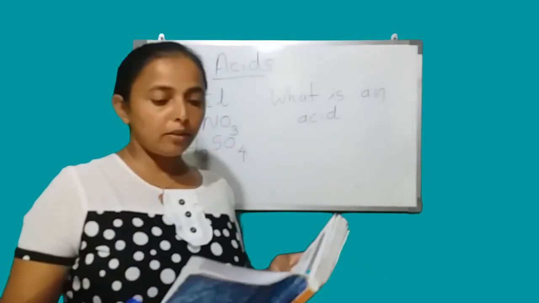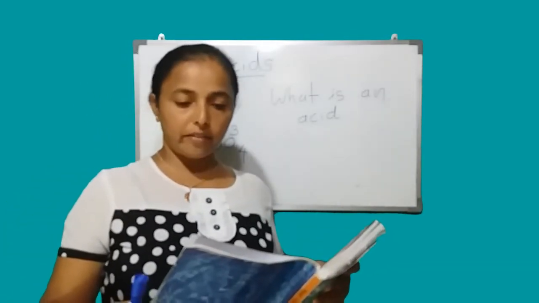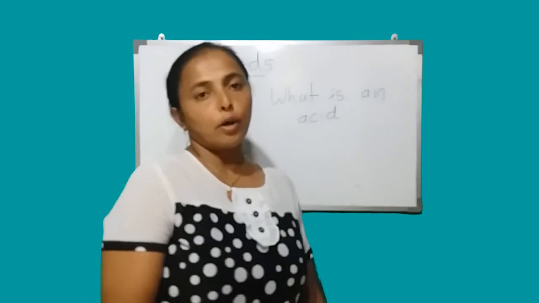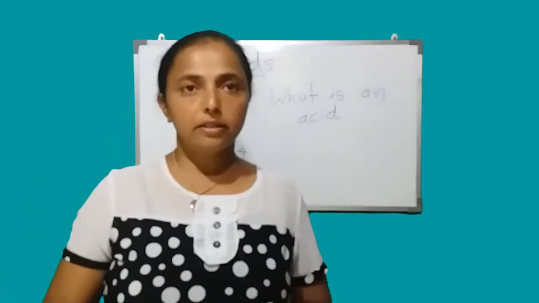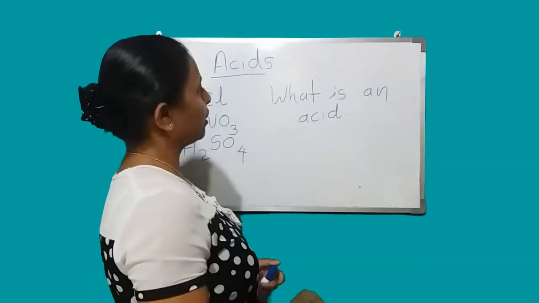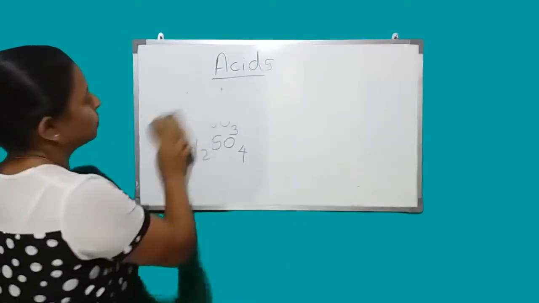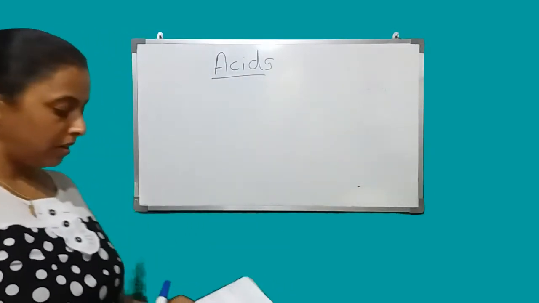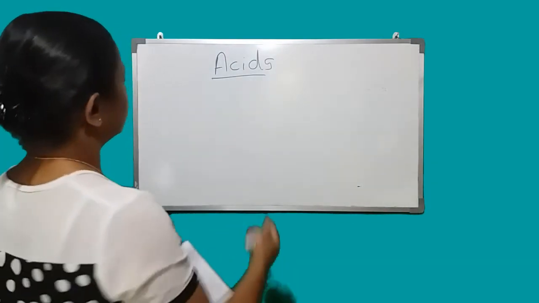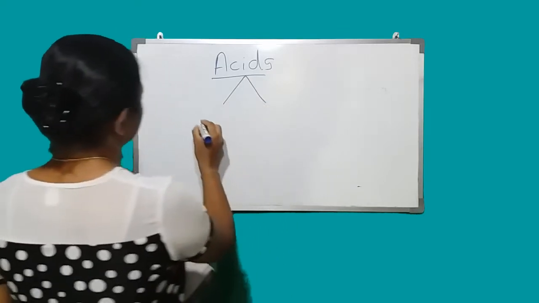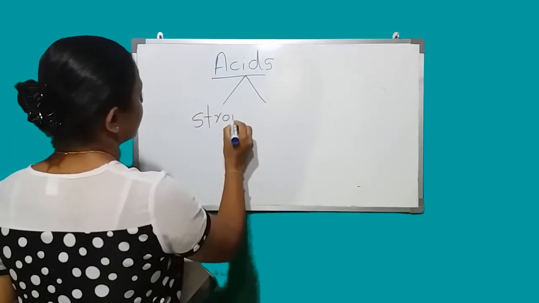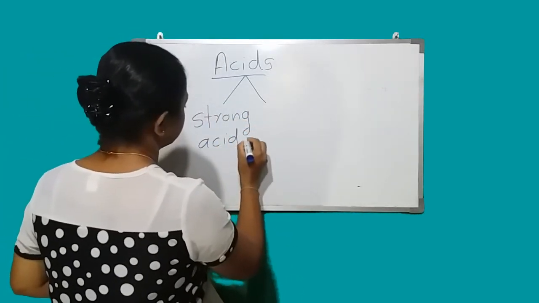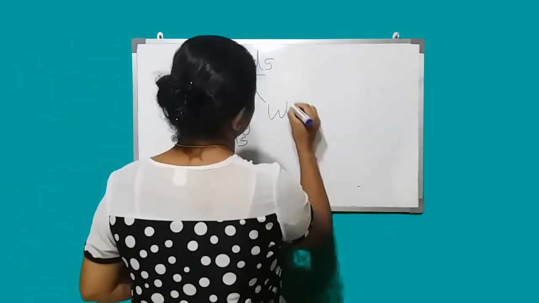Based on the strength of releasing hydrogen ions in aqueous medium, acids are classified in 2 groups: strong acid and weak acid.